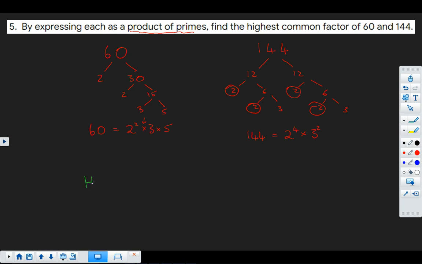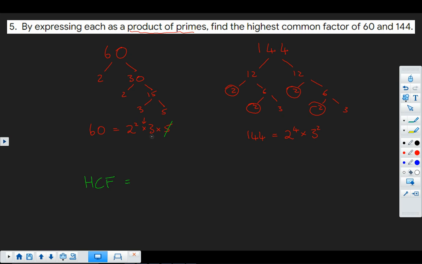Okay, now to find the highest common factor, I've got to find for each of these prime numbers how often they go into both of these expressions. Well, if we have a look at 5 here, whilst it's involved with 60, it isn't involved with 144. So that's not common.